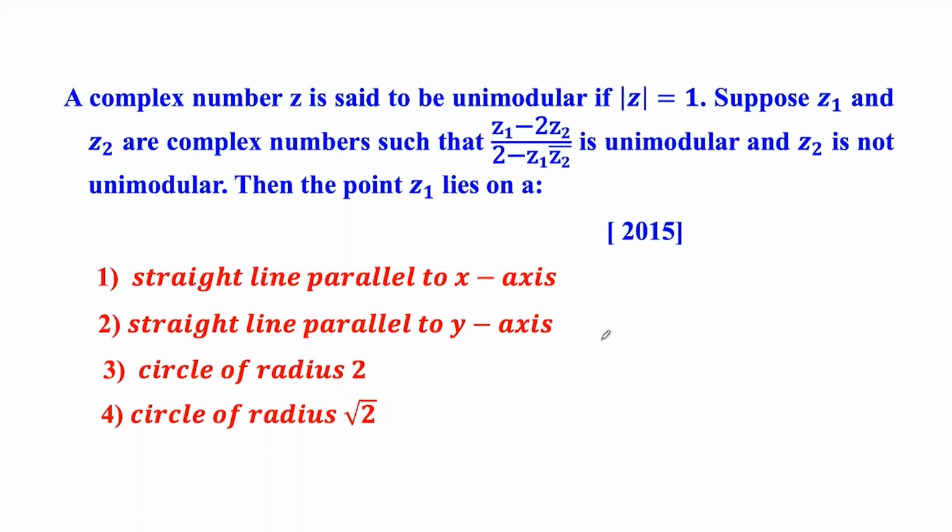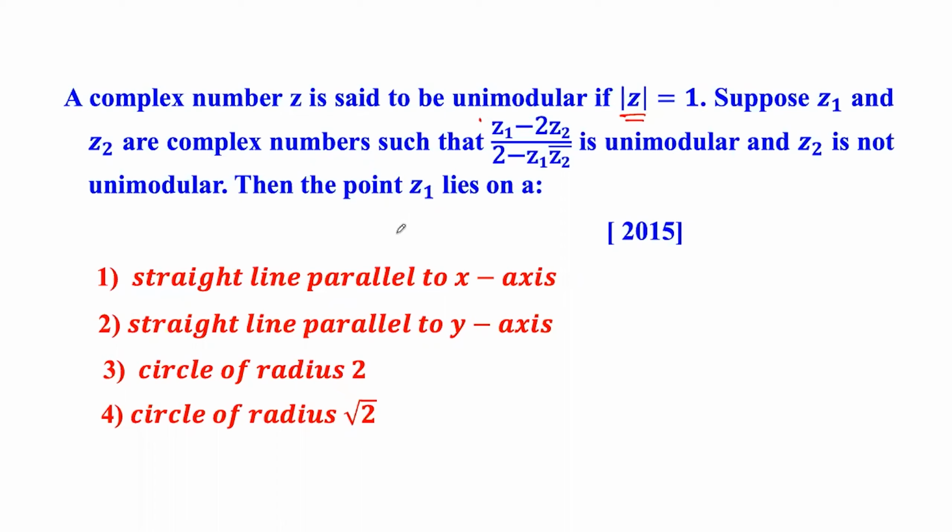Complex number, right? So complex number is one of the important chapters, and very good questions will come for complex number. Like a complex number z is said to be unimodulus if mod z is given as 1. This is the definition, we know that. Suppose z1 and z2 are complex numbers and z1 is unimodulus. So mod of this will be 1, right?